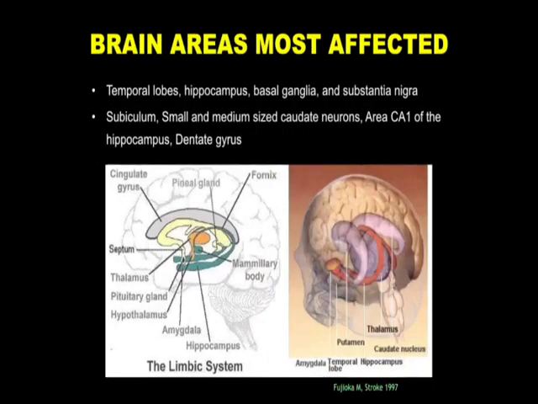The areas that are most affected include the temporal lobes, hippocampus, basal ganglia, and substantia nigra, and then more specifically some of the smaller structures including the spiculum, small and medium-sized caudate neurons, area CA1 of the hippocampus, and the dentate gyrus. This has been evaluated looking at patients with hypoglycemia and doing metabolic MRI studies to see which areas seem to be most affected.